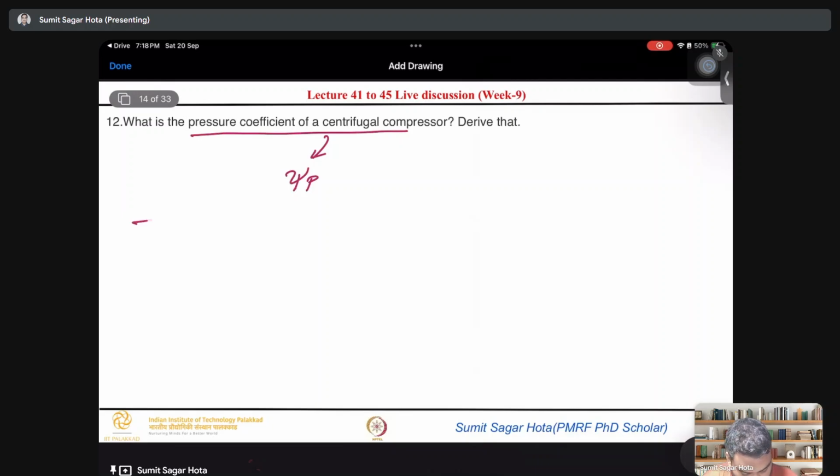To prove: psi p equals 1 minus phi 2 into cot beta 2.